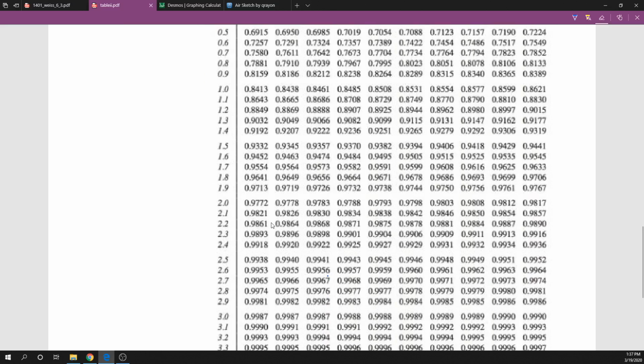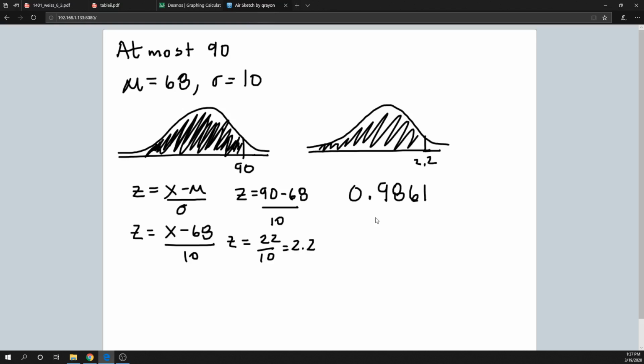So that is this number right here, 0.9861. And so in this case, that's the answer. There's nothing else that we have to do because table 2 gives us the values that way. So no adjusting necessary on this one.